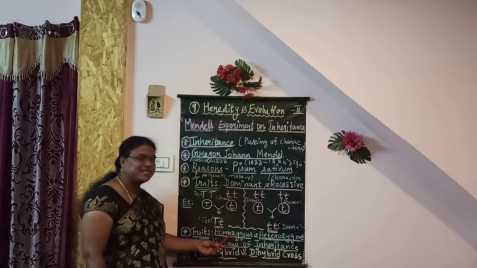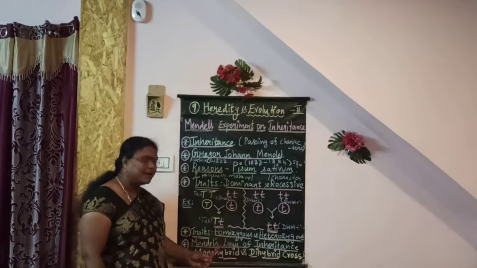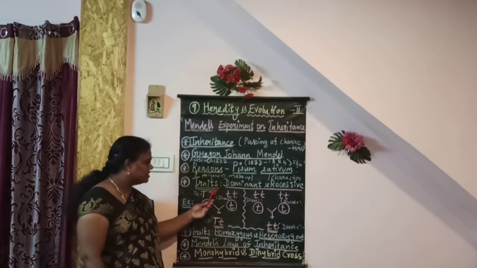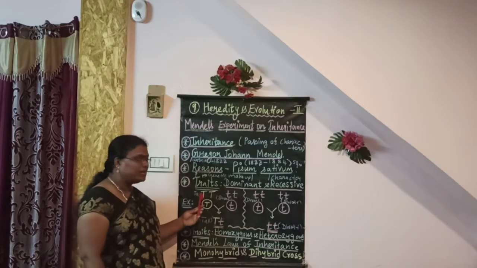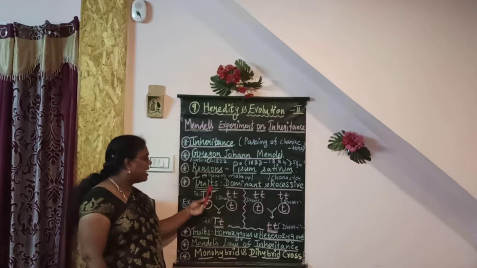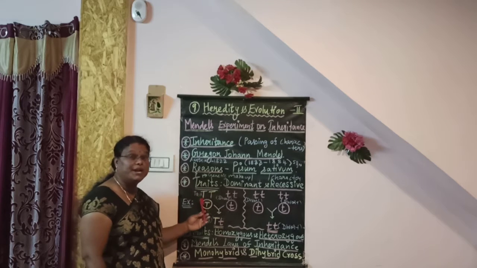Homozygous, homo means same. Homozygous traits are the traits which are having the same alleles. See here, same. So this is a homozygous trait. Same, tall. See, capital T, capital T. So this denotes a tall plant having the same genes or character or same genetic makeup.